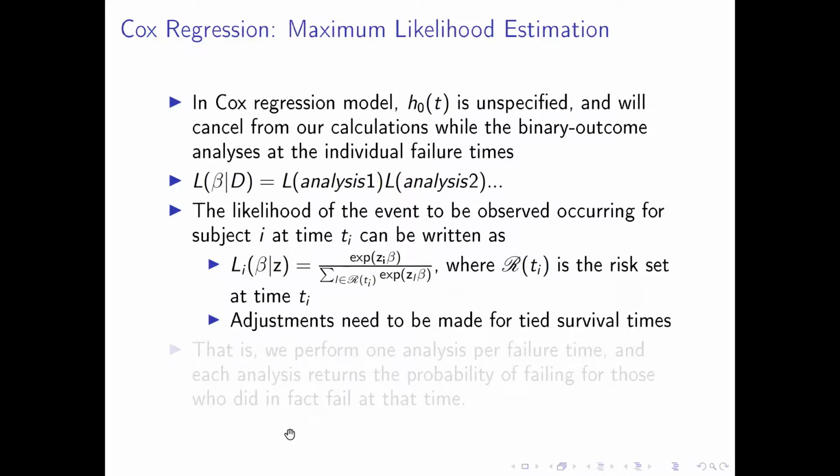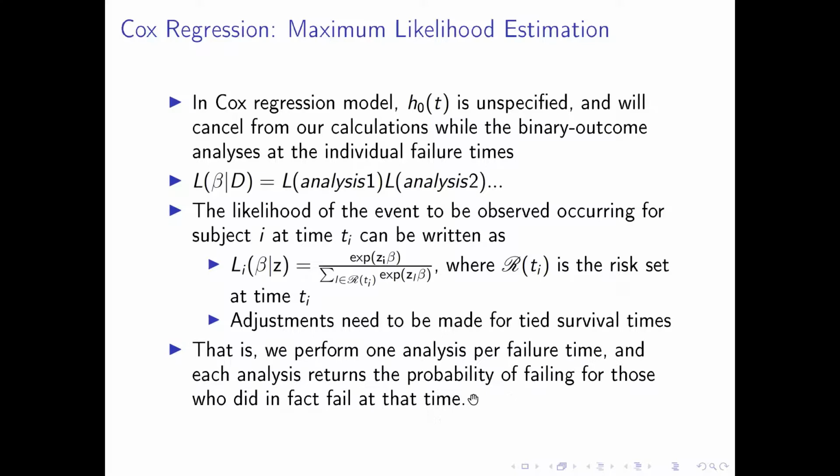Here, we won't get into technical details because they're beyond the scope of this class. So in summary, we perform one analysis per failure time, per subject in this case, without getting into tied survival times. Each analysis returns the probability or likelihood of failing for those who did in fact fail at that time.